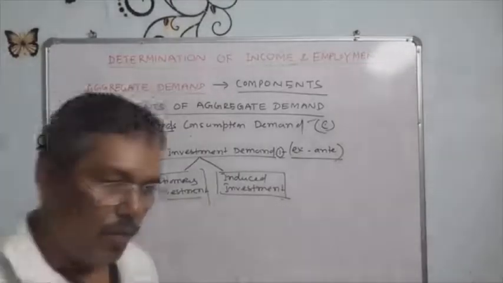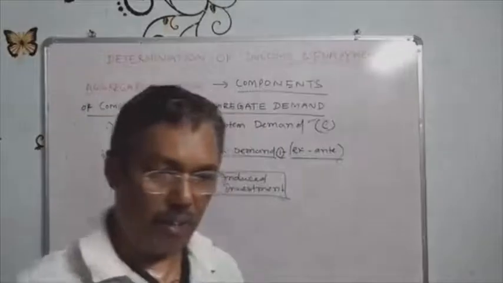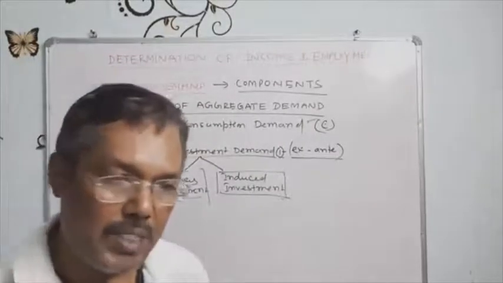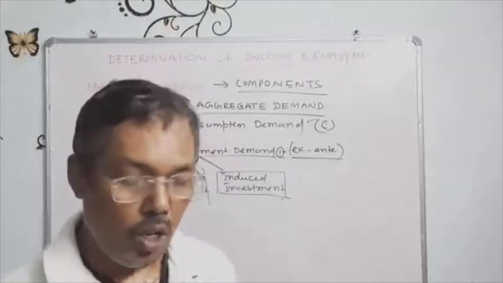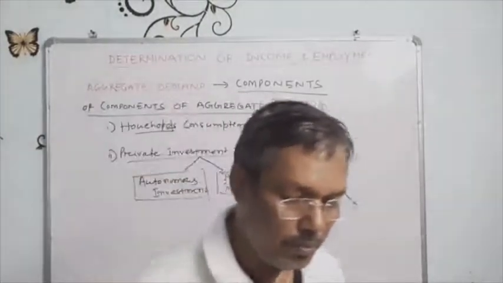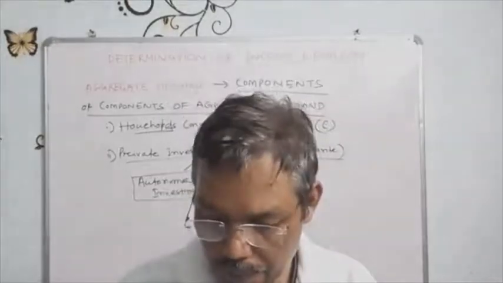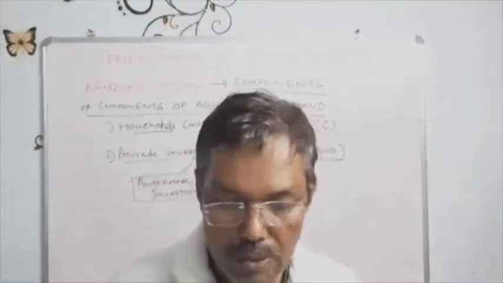Whenever you want more return, at that time you invest more and more capital, or whatever may be the income, if your investment remains the same, that is called autonomous investment.